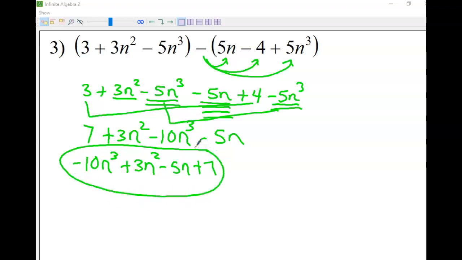There you go. And they weren't in order as I did them because the way they gave it to me wasn't in order to begin with. But it looks like we should probably put them in order at the end. Okay. So that's adding and subtracting.